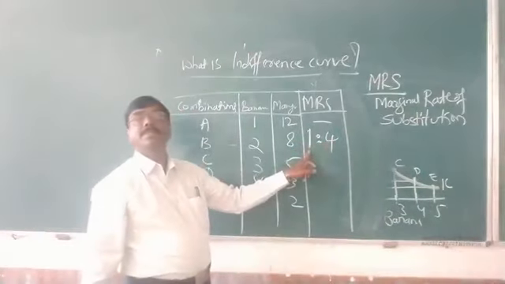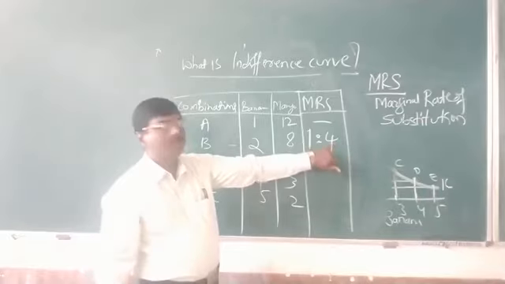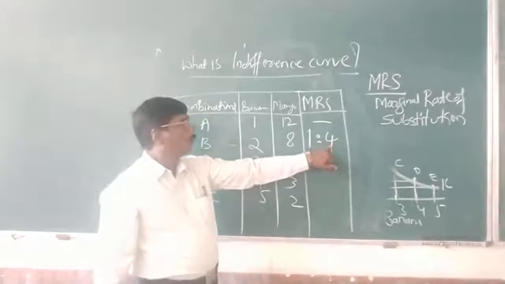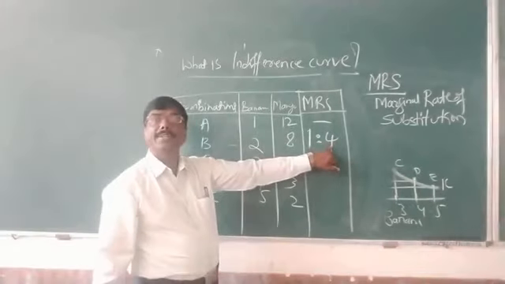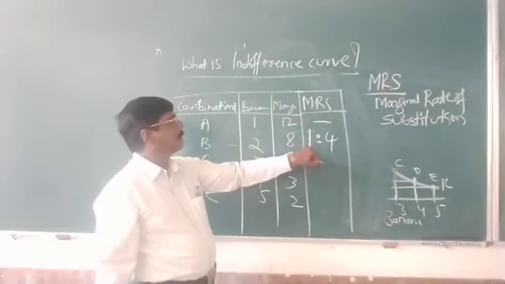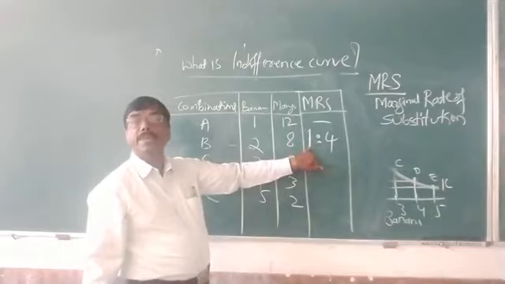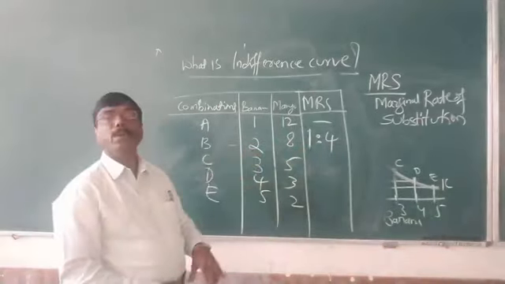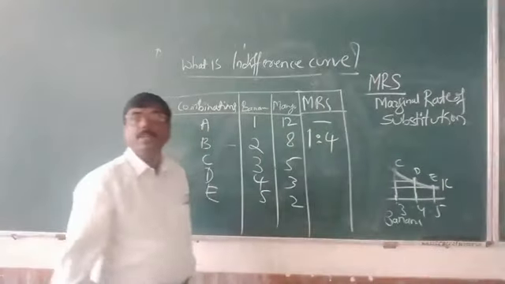He is ready to sacrifice. Here, the consumer is ready to consume more quantity, 4 quantity of mangoes, and he is ready to give 1 unit of banana. Here is the sacrifice.